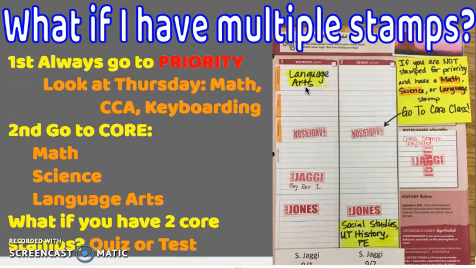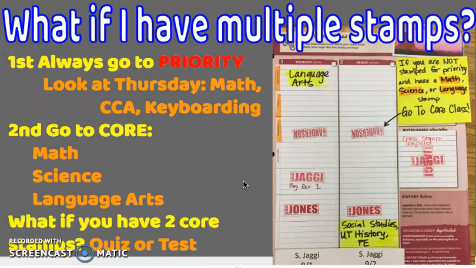So where do I go, Mr. Howell? Well, the next thing we're going to look to see is if any of these stamps represent core areas. Our core areas would be math, science, language arts. We've already determined there's no language arts because that was the priority. So Anderson was PE, Yagi was keyboarding, and Jones-Janice was CTE. So we don't have any core classes where I've been stamped on this Thursday.